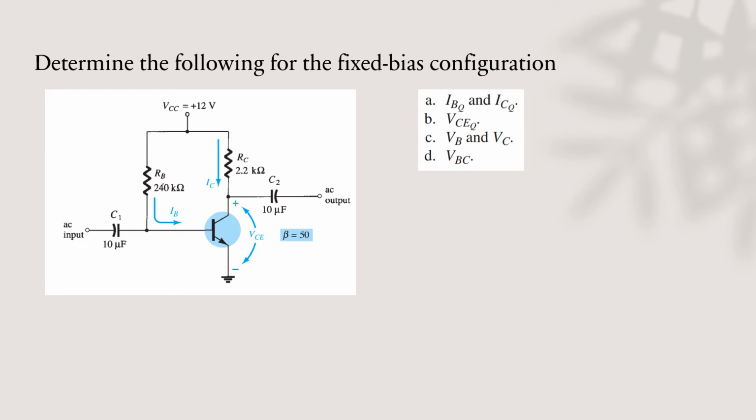And at this portion, we will solve for the VCEQ, the voltage across the collector and the emitter. We can solve this by doing a loop here. From the VCC minus the voltage across the RC, which we also identify as ICRC.